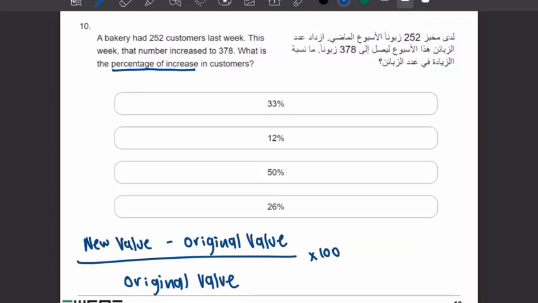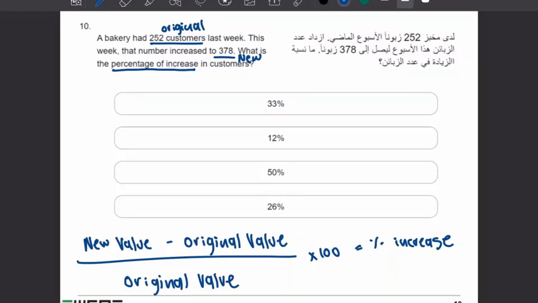So firstly, let's identify the new value and the original value. So the original value is 252 customers. So here is the original. And the new value, it increased, and what it changed to is 378. So this is the new value. Let's input that into the equation we have below for the percentage increase. And we would write it like this.